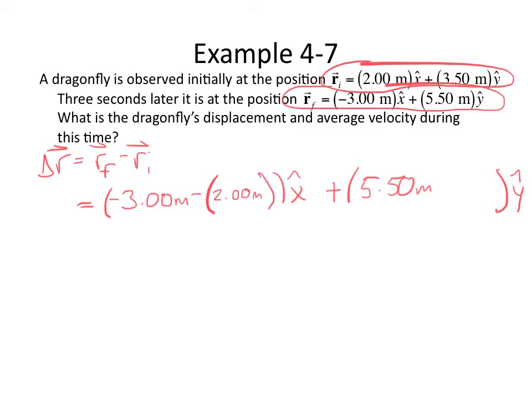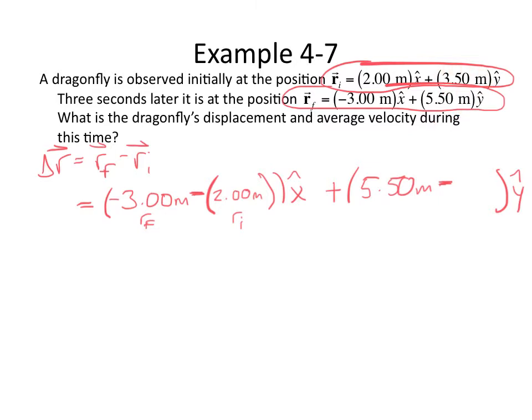Okay, so this is the r final x hat, and this is the r initial x hat, and we're subtracting it. We're also subtracting the y hat component of vector r initial. So for the y, it's this y hat minus this one right here.